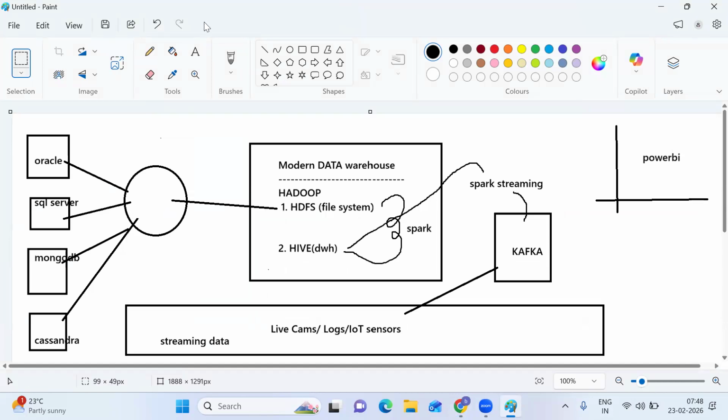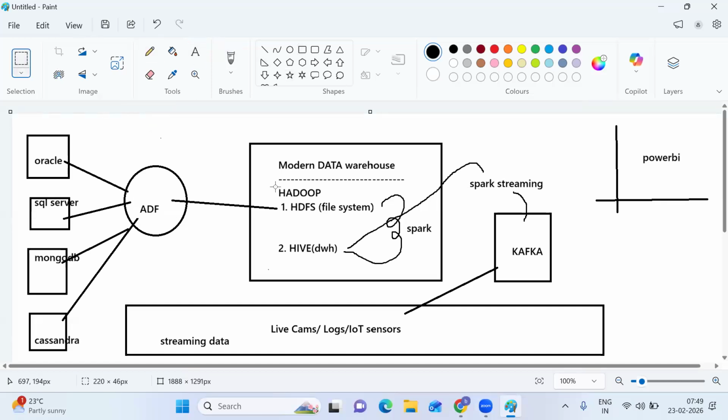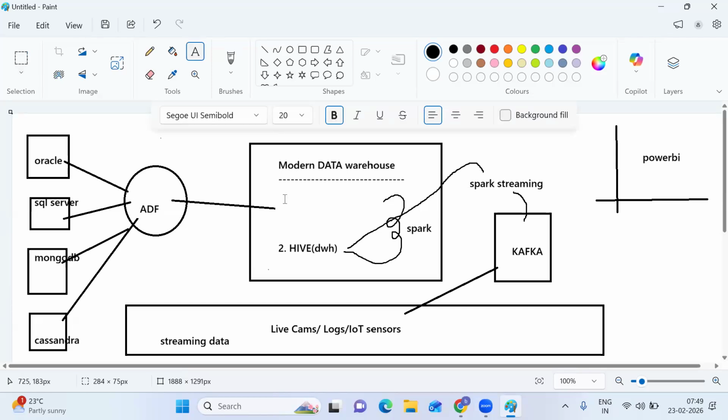What is the best service here? Azure Data Factory, ADF. ADF we can keep. In the place of HDFS, what should I keep? ADLS. ADLS is okay, right? That means Azure Data Lake Gen 2.